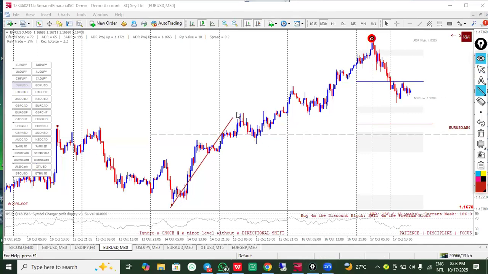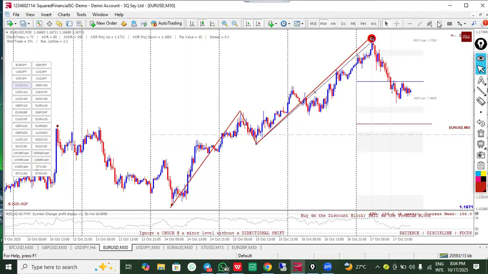For instance, we identified our SAB as this and this. Ordinarily, if I'm to ask myself where the midpoint is, I can put up a line like this. If I tap into this line, it will show me the midpoint.